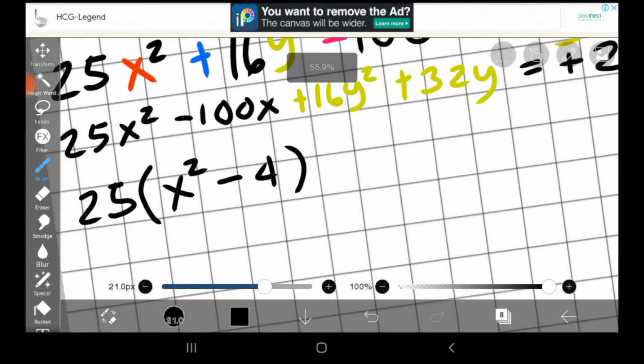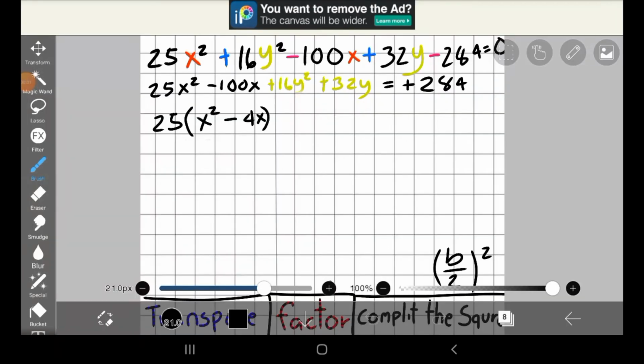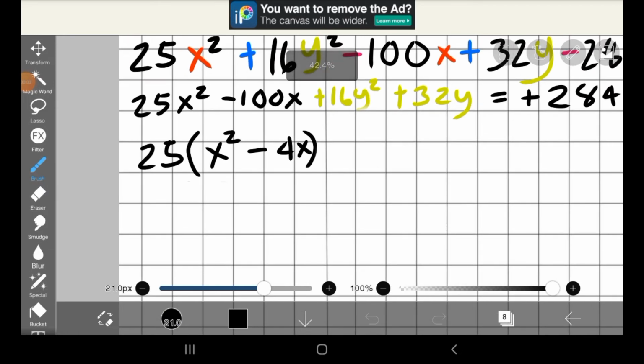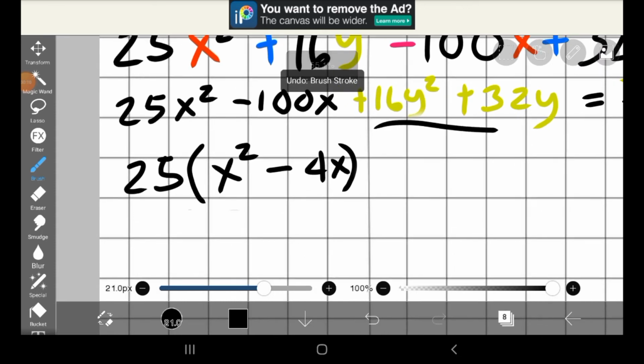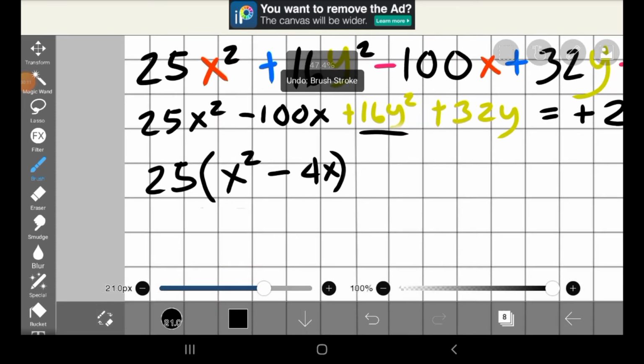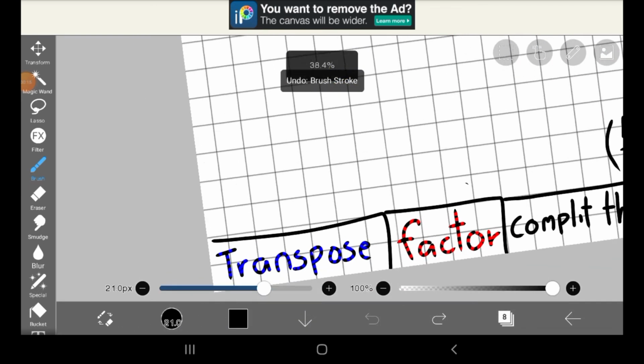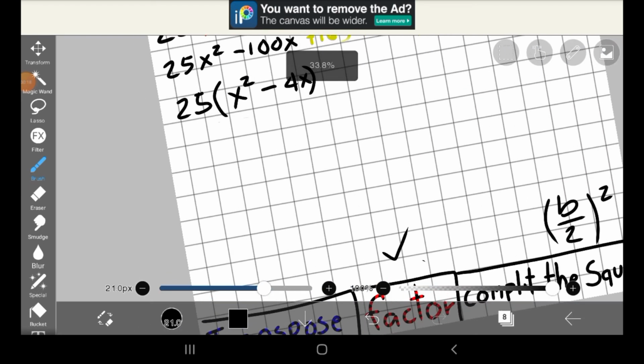Same here, we're going to use it in the y terms. In the y terms, 16 is higher than 1. The leading term of y is 16y squared, right? 16y squared is higher than 1, so we need to factor it.